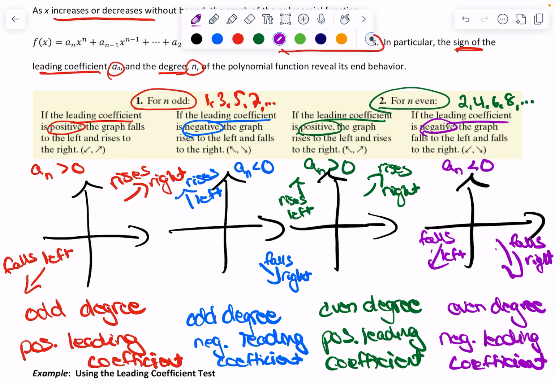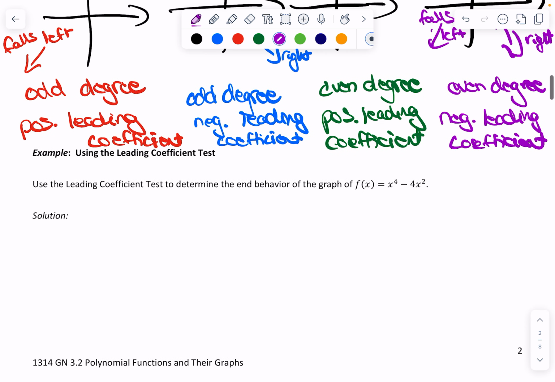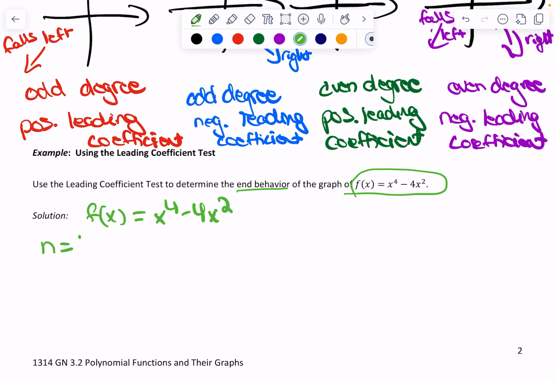Okay, so let's see how we use the leading coefficient test to determine the end behavior of the graph of f of x equals x to the power of 4 minus 4x squared. Our degree is 4, which is even.